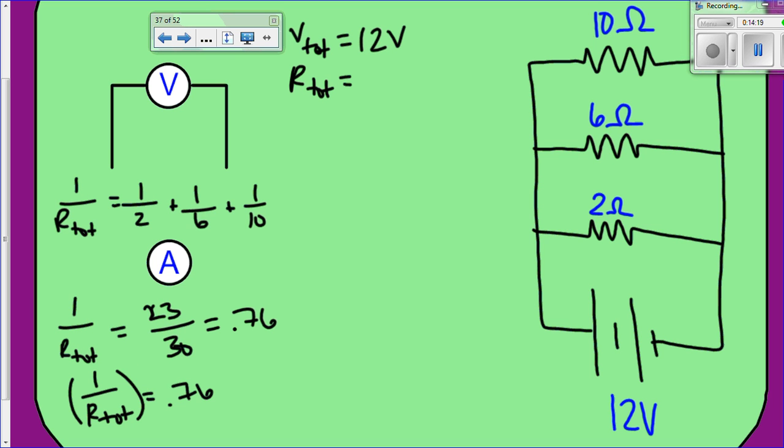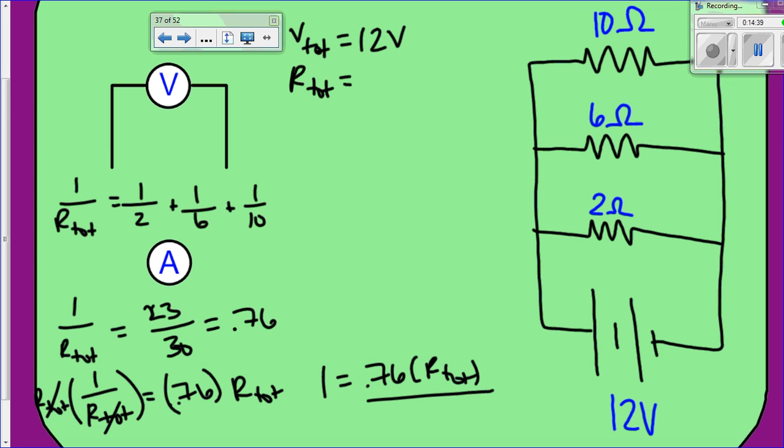If I take both sides and multiply by R tot, that's going to cancel out the R tot here, and I'm going to end up getting 1 is equal to 0.76 times R tot. Now, to find R tot, all I have to do is divide both sides by 0.76. The 0.76 cancels out there, and so my R tot is going to be 1 divided by 0.76 repeating. And that's going to be about 1.3 ohms.